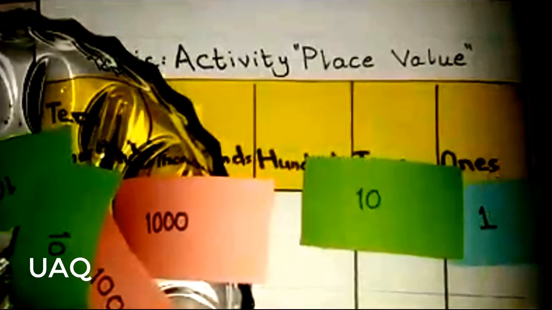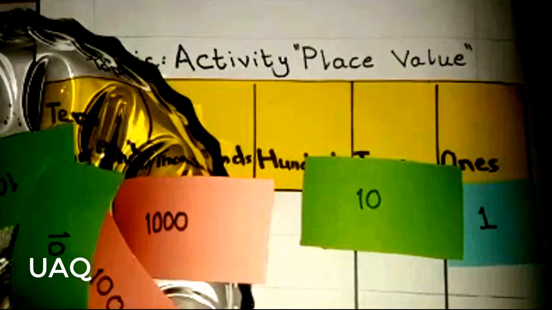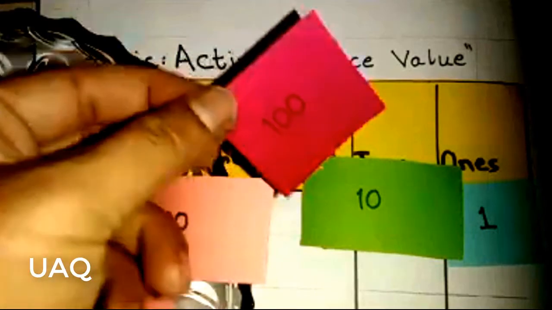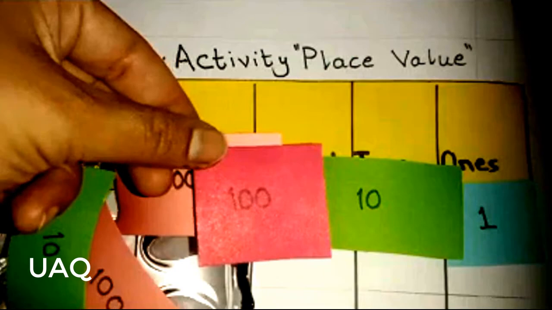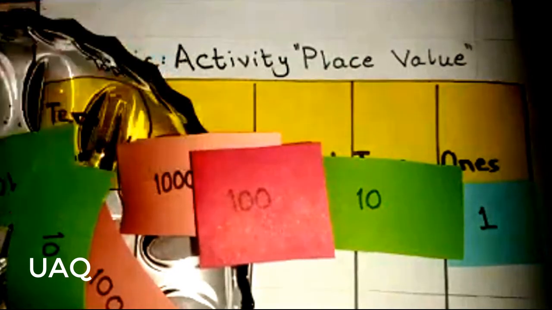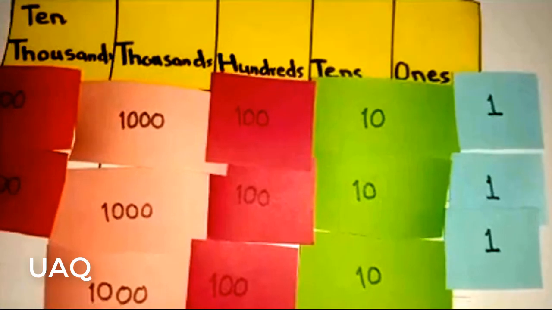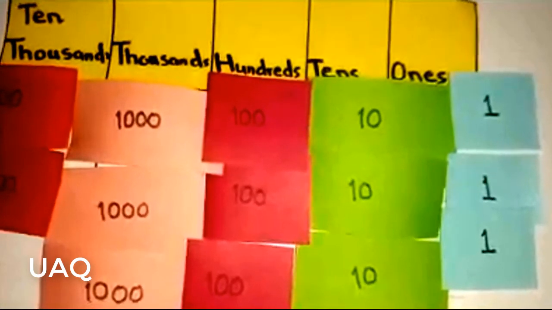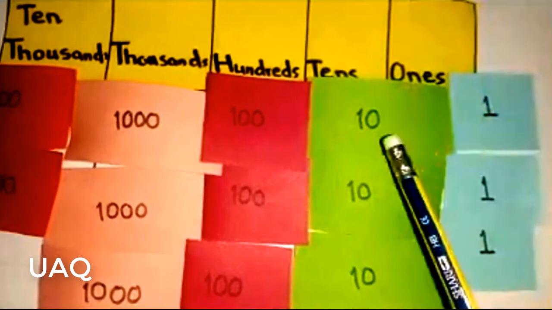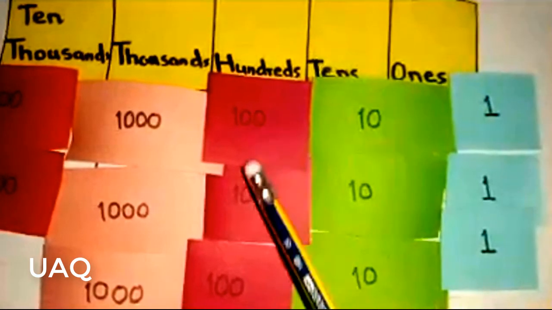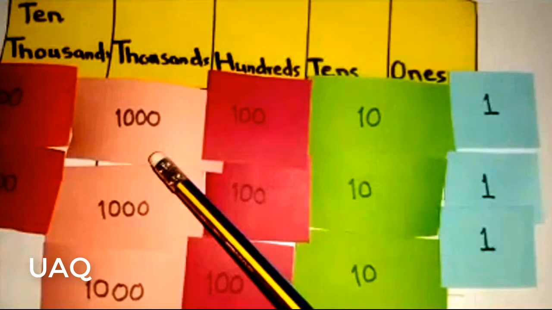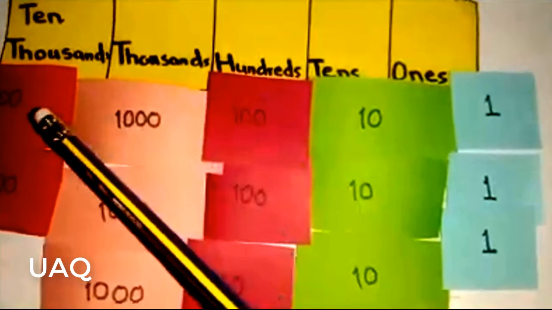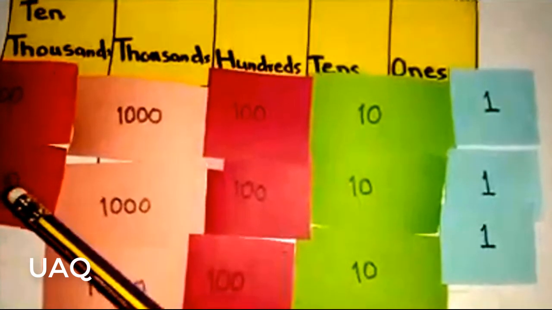And if I found 100, then I'll place it in the 100 column and so on. You can see that I have placed ones in the ones column, tens in the tens column, 100 in the hundreds column, and 1000 in the thousand column, 10,000 in the 10,000 column.